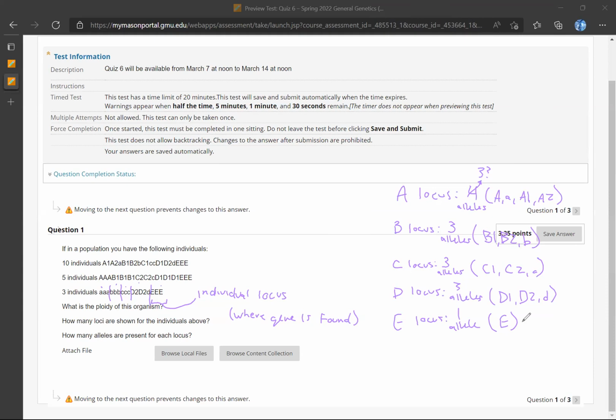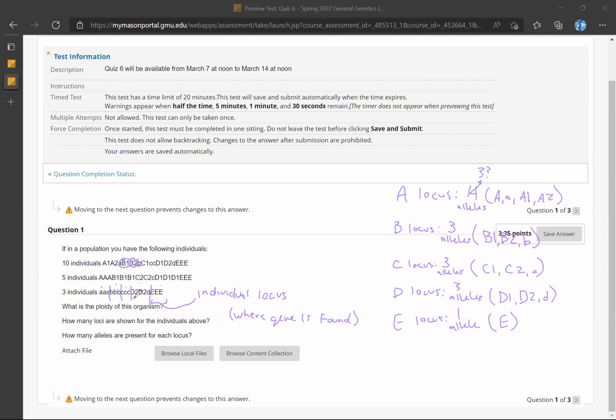So you are right that 3 alleles represent the gene at every locus, but if we remember what an allele is in the first place, an allele is a specific variant of a gene. We see that there's one variant, two variants, three variants.